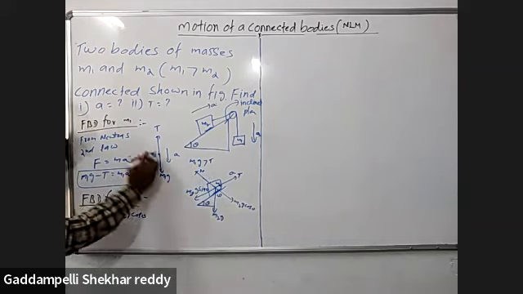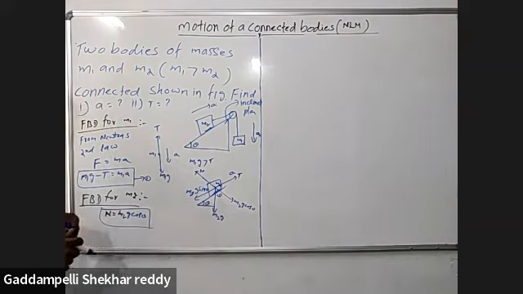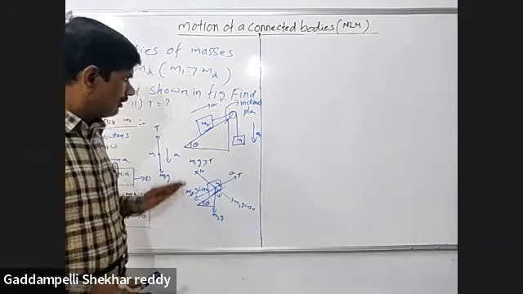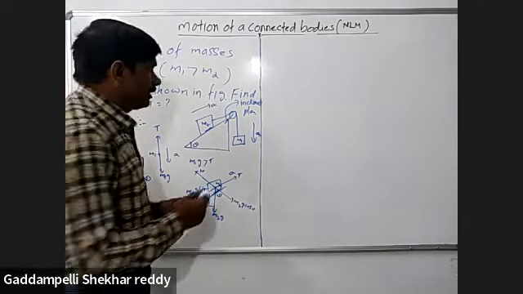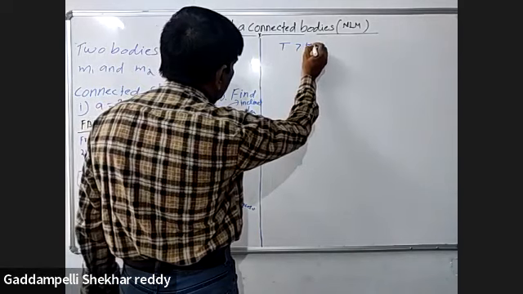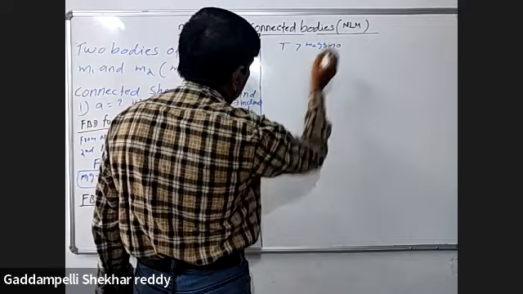There is no motion perpendicular to the inclined plane. The motion is along the inclined plane upward, so T is greater than M2G sin theta.